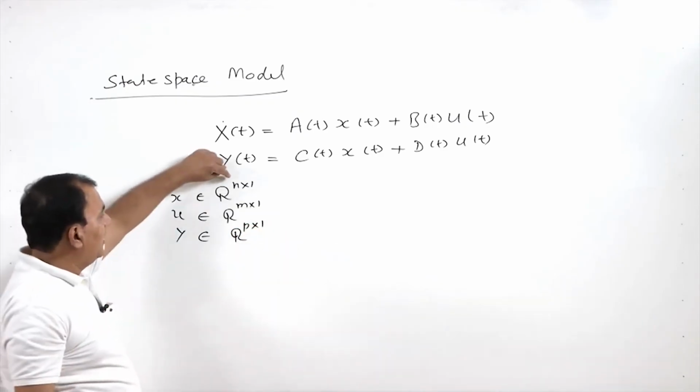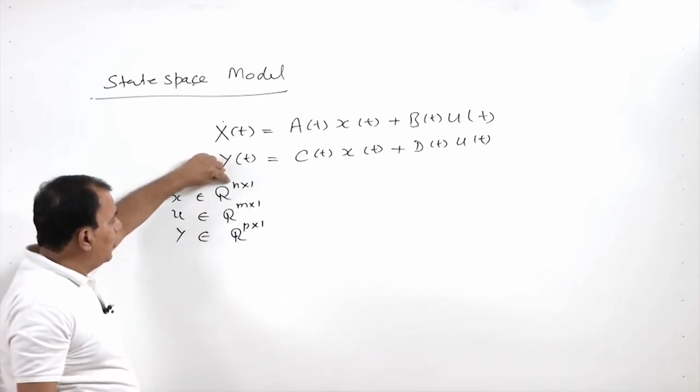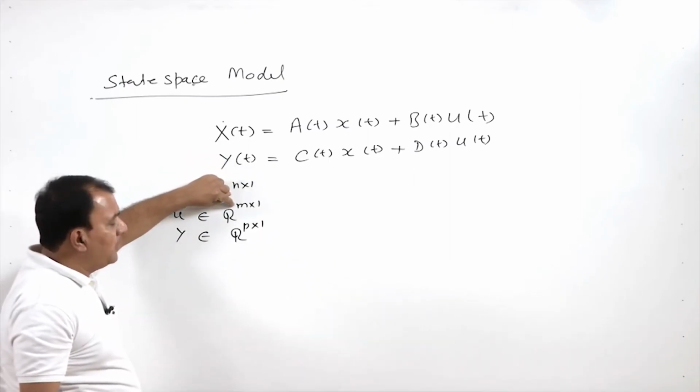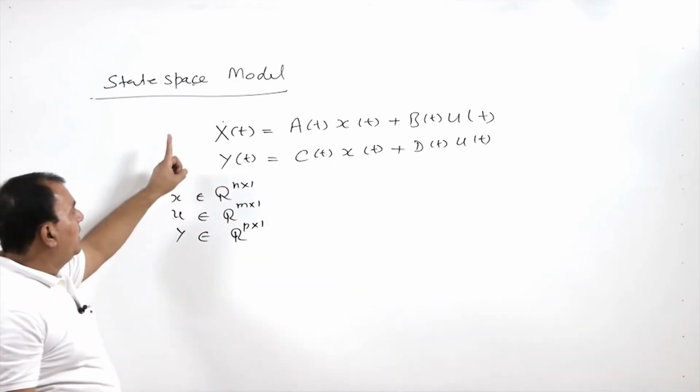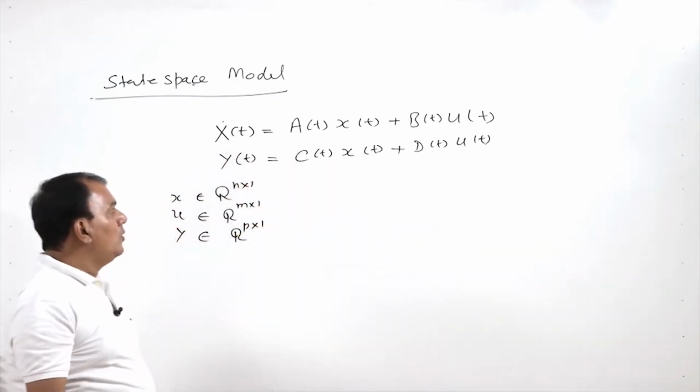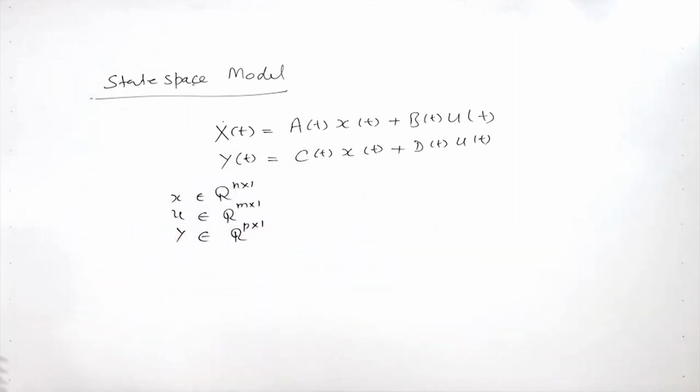So, if we have an nth order system having m number of inputs and p number of outputs, we can write x dot equal to Ax plus Bu and y equal to Cx plus Du.